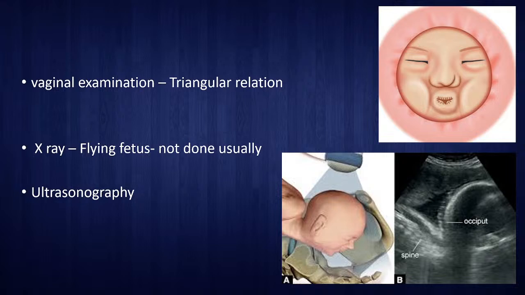Again vaginal examination, I have already told in the breech presentation, you have to see the triangle in the vaginal examination. Then X-ray, usually nowadays X-ray is not done to diagnose face presentation because you have ultrasonography. In USG you can see the same thing, the head is extended so that it is more close to the fetal back.